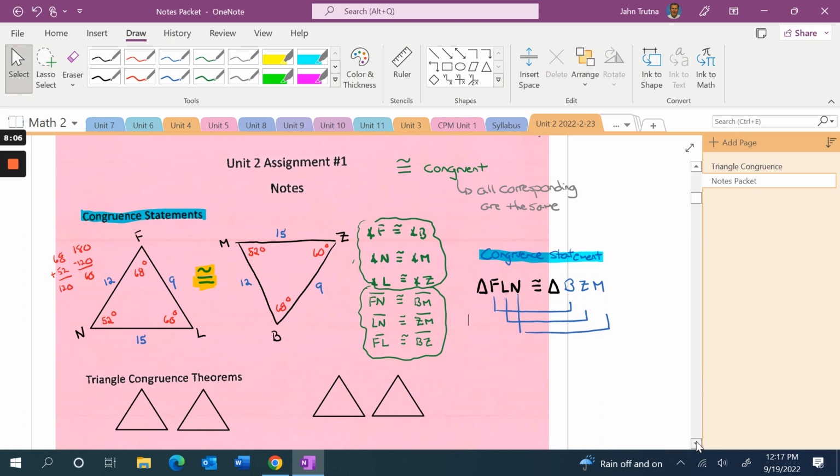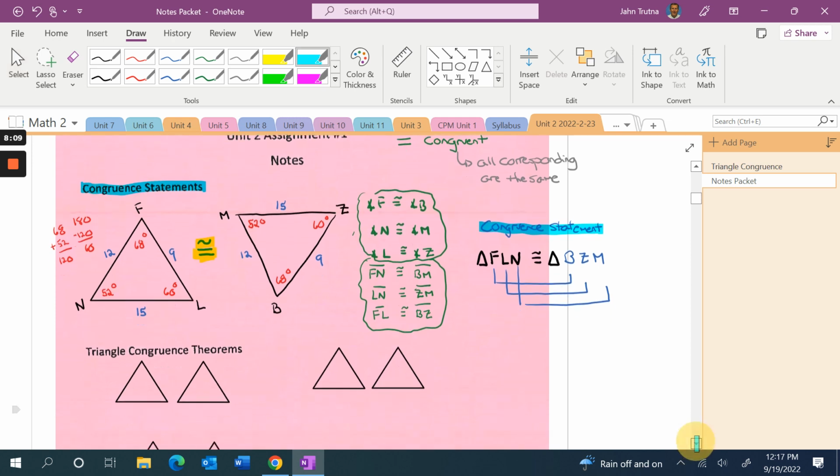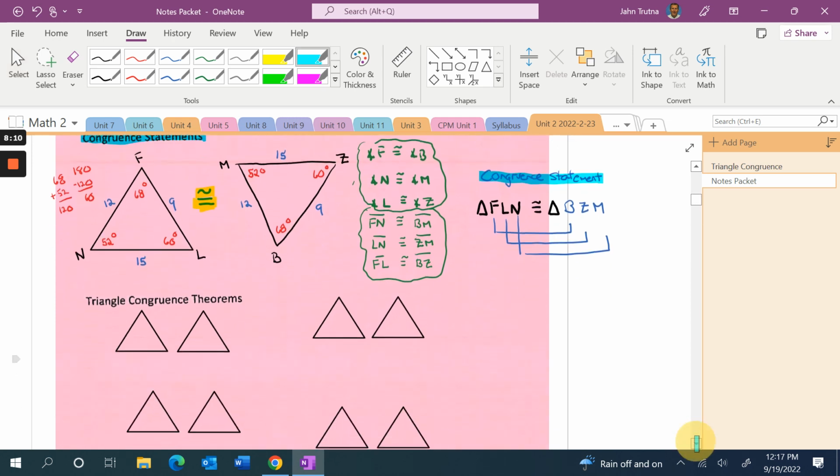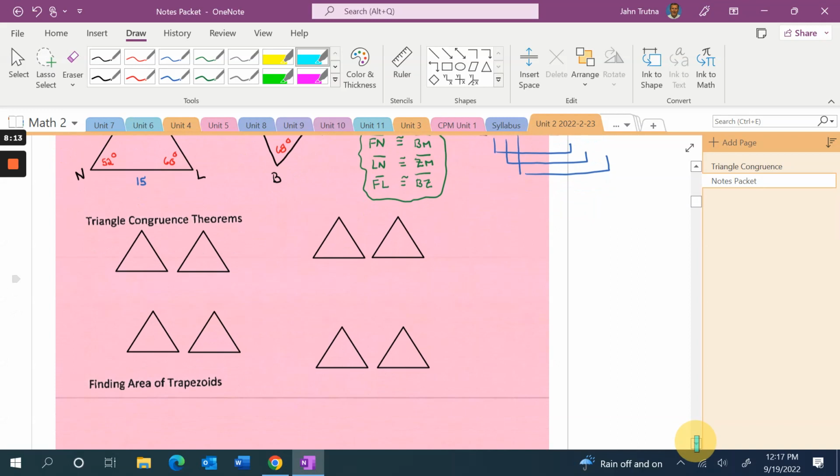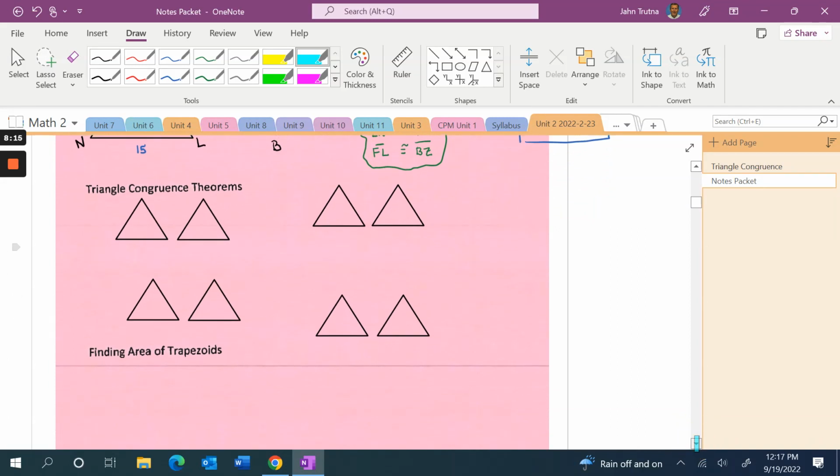Okay, now, mathematicians were very interested in shapes that were congruent with each other. It had a lot to do with architecture, and because it had a lot to do with architecture, mathematicians were very, very interested in triangles. And how do you know that one triangle is congruent to another triangle?